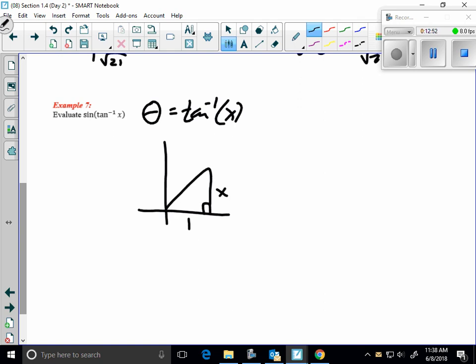That means it's got to be x over 1. Opposite over adjacent is x over 1. Therefore, the hypotenuse, generally speaking, would be the square root of 1 plus x squared. So what would the sine of theta be? Right, because all that inverse tangent of x is theta. It's a representation of an angle. So the sine of that would have to be x over the square root of 1 plus x squared.